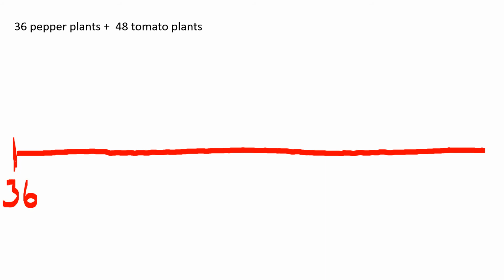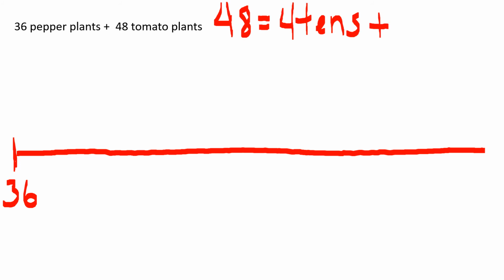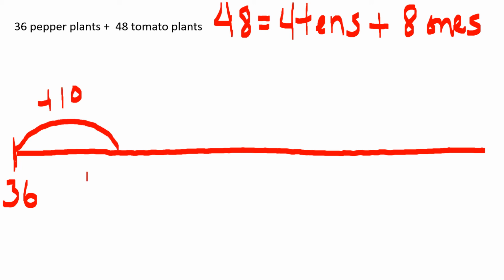And I also know that 48 is made up of 4 tens plus 8 ones. So I'm going to start by jumping the 4 tens, which is the 40. I'm going to jump 10 at a time. Plus 10, that takes me to 46.